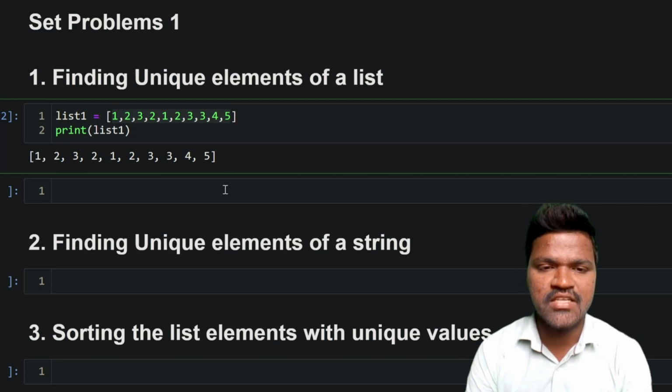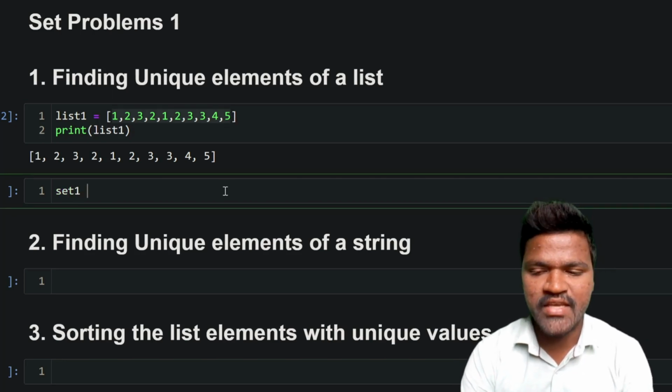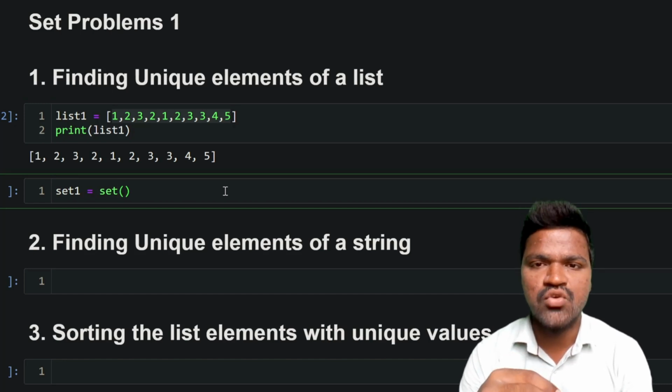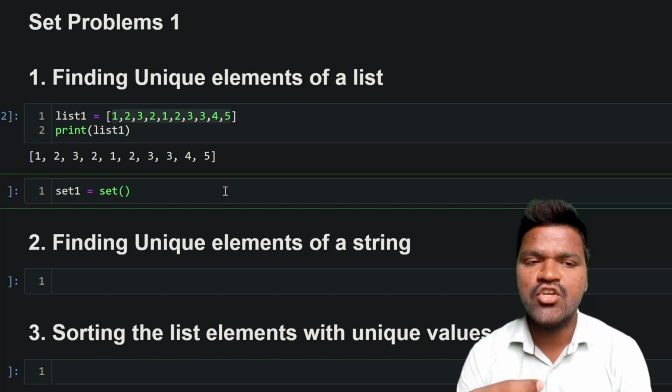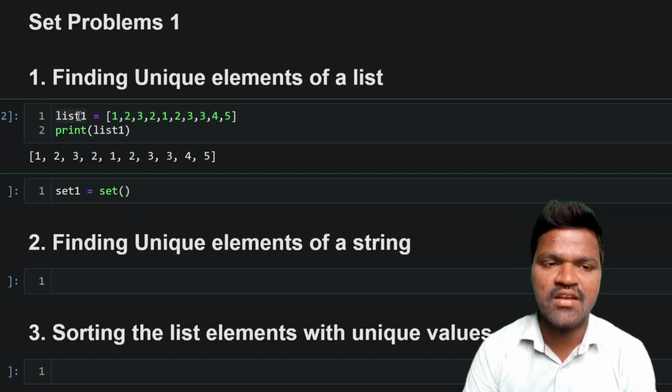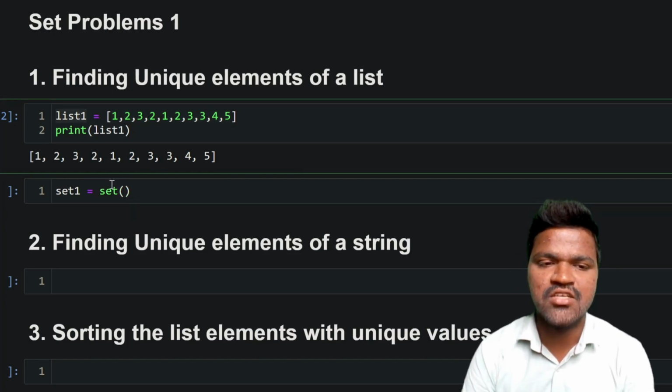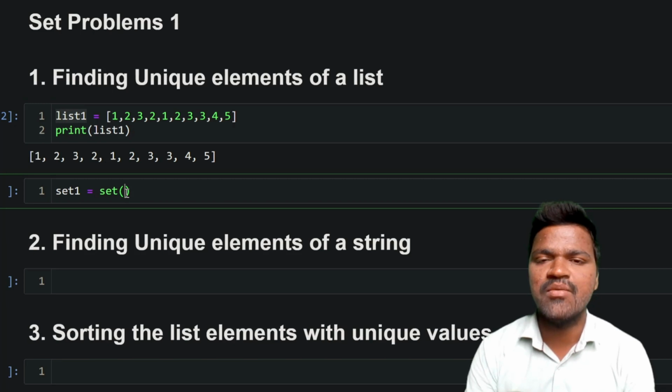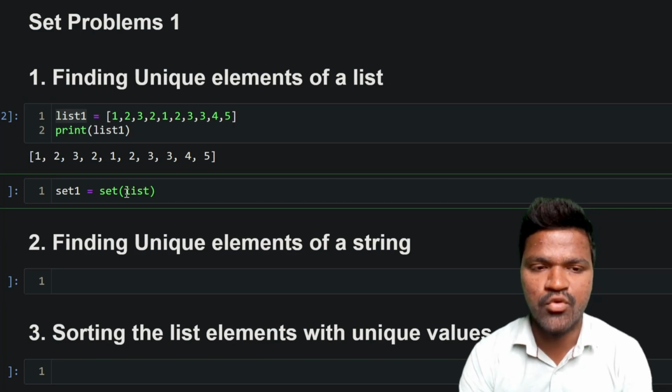For that reason I will be taking set1 here, and I am using the set method. We need to pass this list1, which has duplicate elements, so that by set the duplicate values will be removed, right?